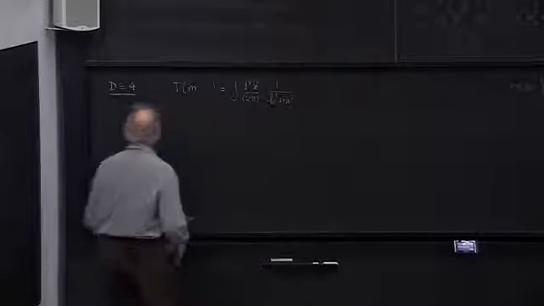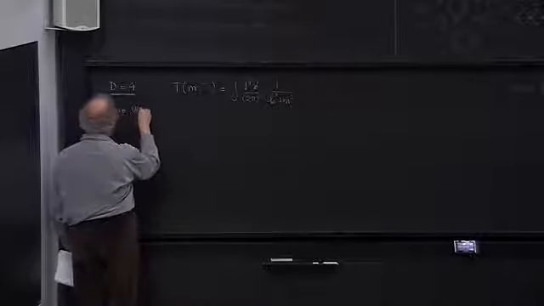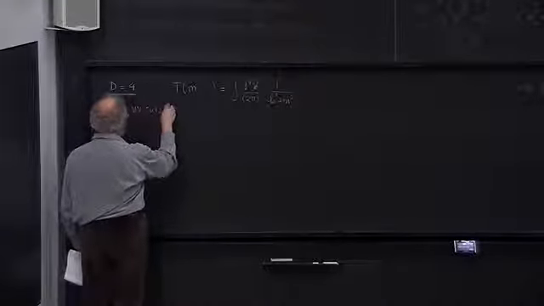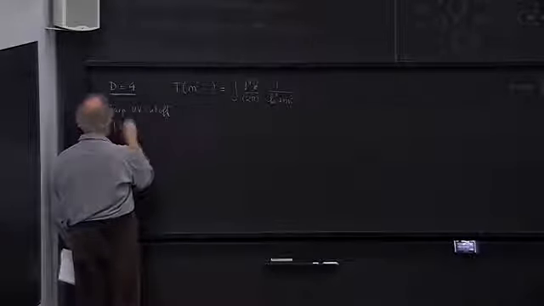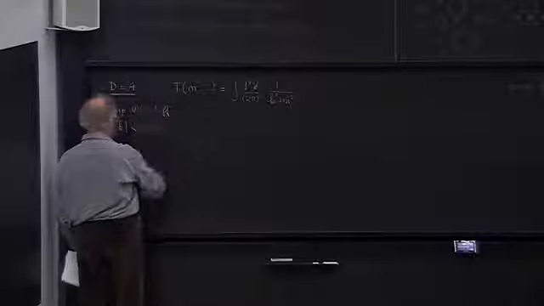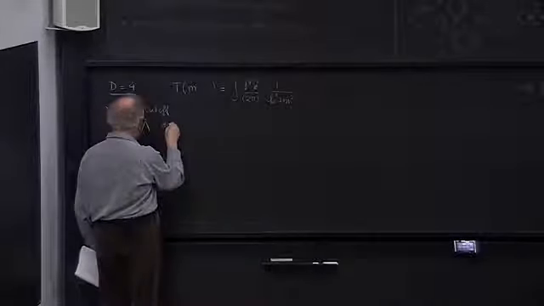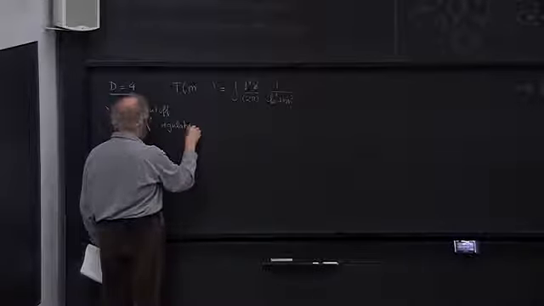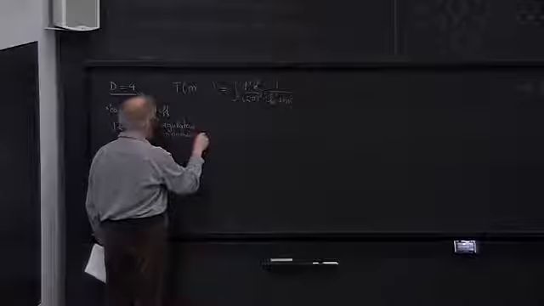So let's introduce a sharp ultraviolet cutoff by assuming that in these integrals, the internal momenta are always less than lambda, where lambda is some regulator in momentum space.